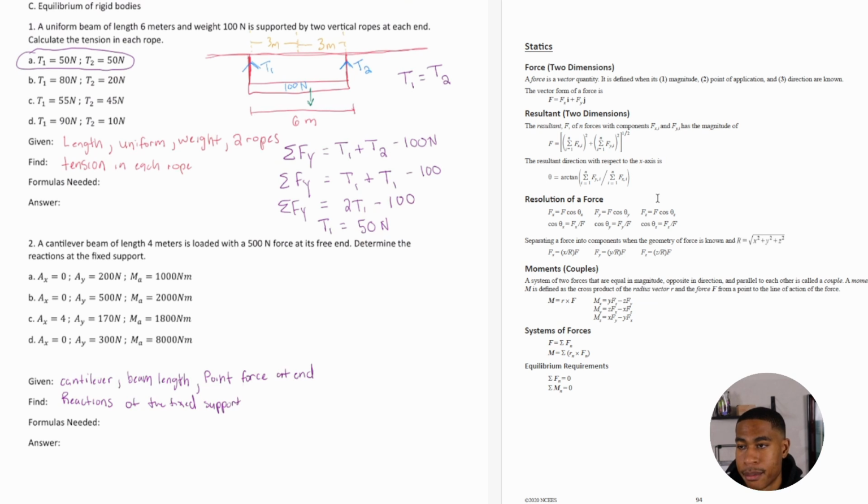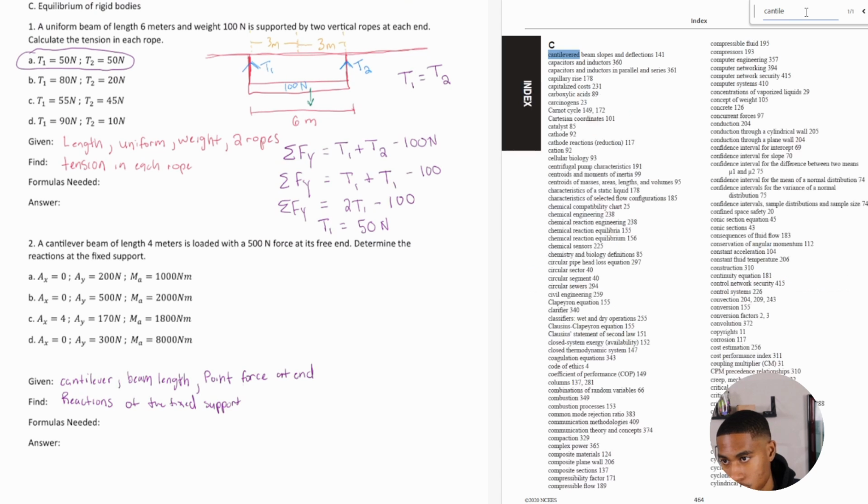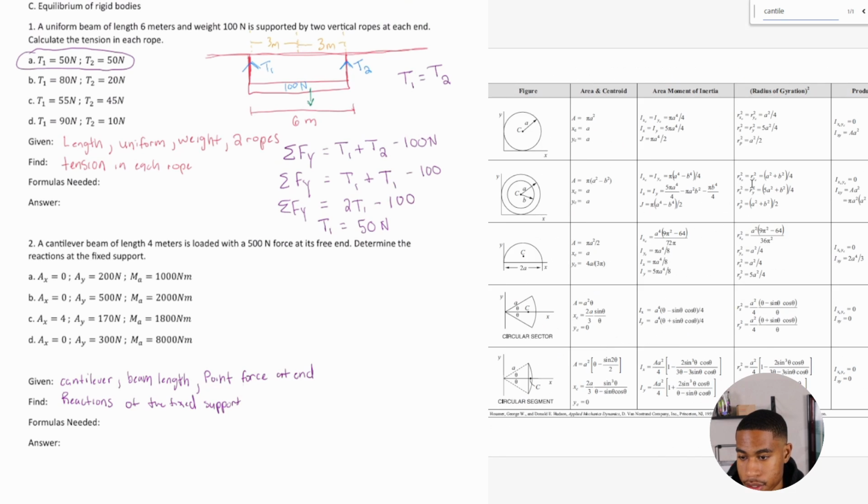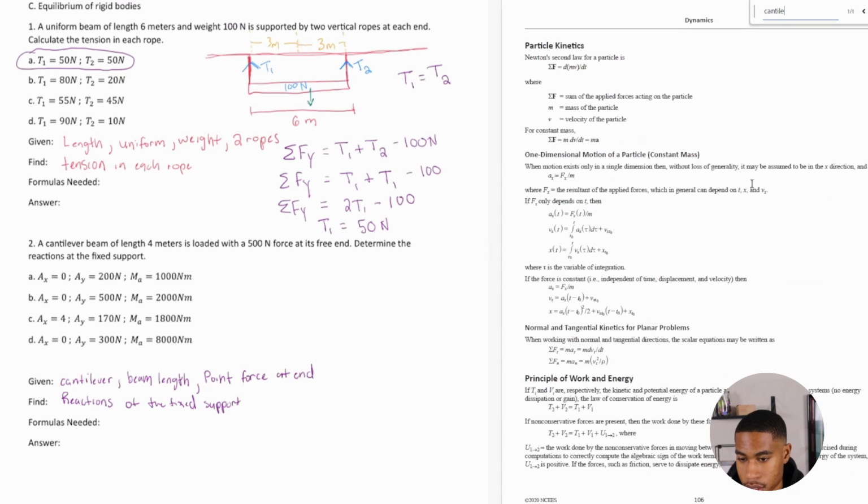All right, so what does a cantilever beam look like? Let's see if we can search cantilever. Okay, that didn't go as planned. So I would like to show you what it typically looks like.